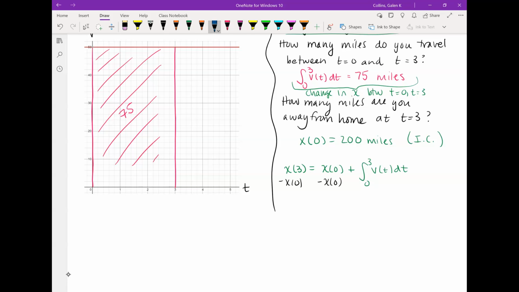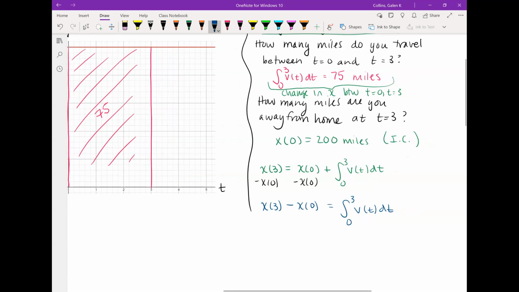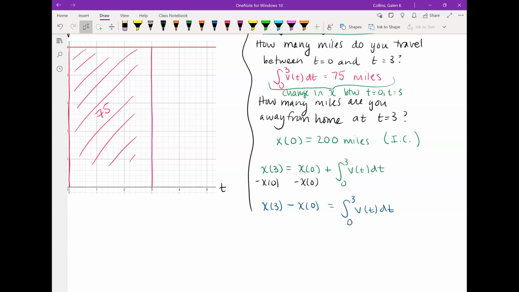That's going to generate this new equation that x of 3 minus x of 0 is equal to the definite integral of v of t dt. And it's important to keep in mind that v is the derivative of x, or x is the antiderivative of v.